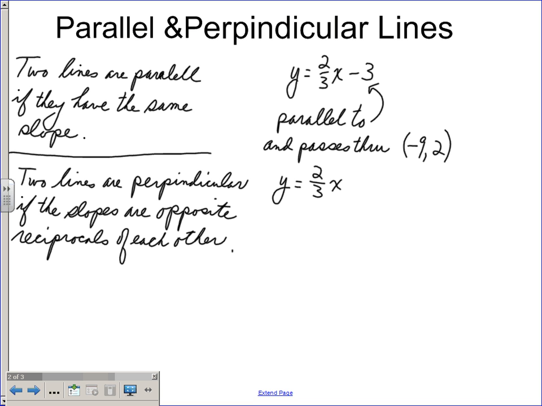Slopes are the same, but they're going to have different y-intercepts. So we have to find the y-intercept. I'm going to show you a couple different ways to find that. One way that you probably know is to plug in this point. I'm going to plug in 2 for y and negative 9 for x, and that'll tell me what my y-intercept is.